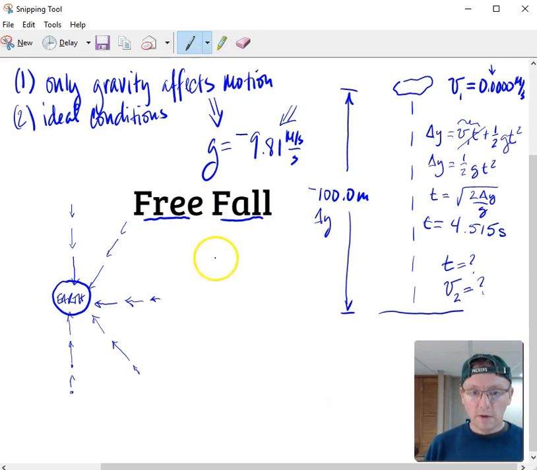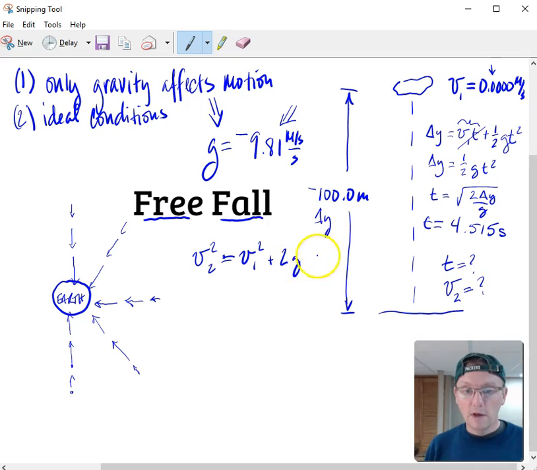So let's pretend we don't have the time for a second here. So no time. Which formula do we use? We use the no time motion equation, which is the second one that you learned. It says this: v2 squared equals v1 squared plus 2a, but our acceleration is g in this case, and then delta y.